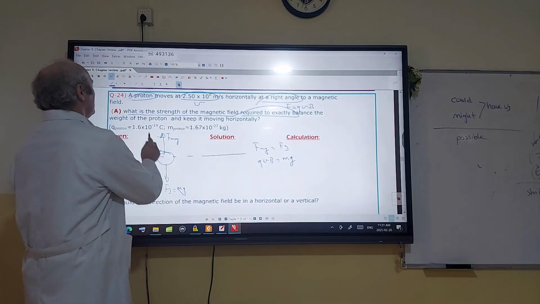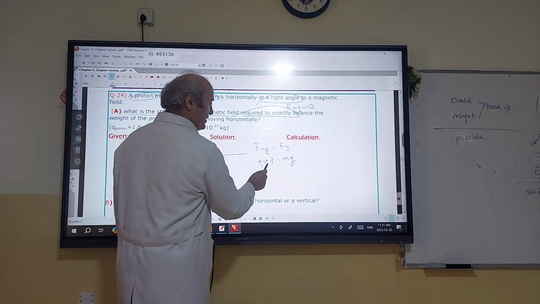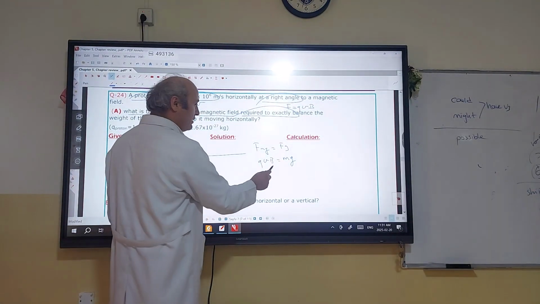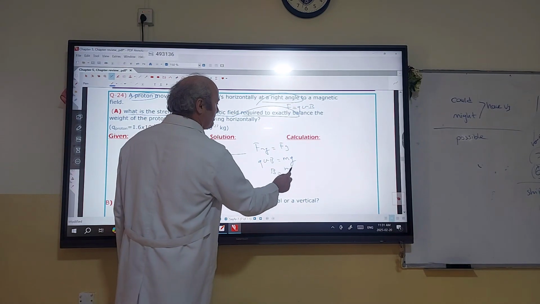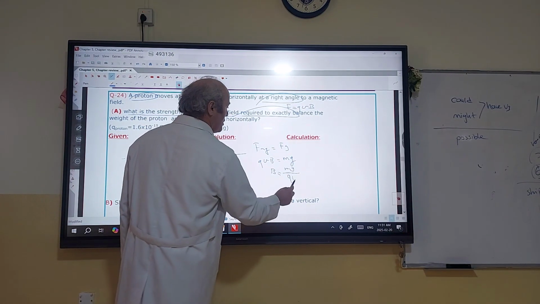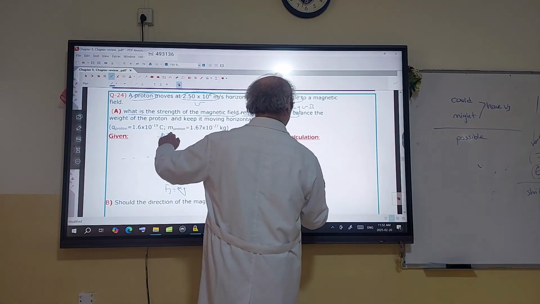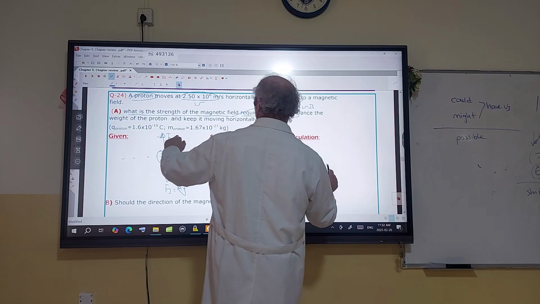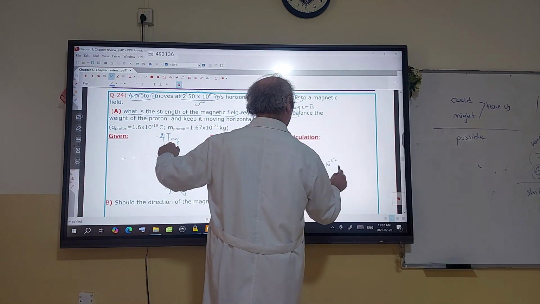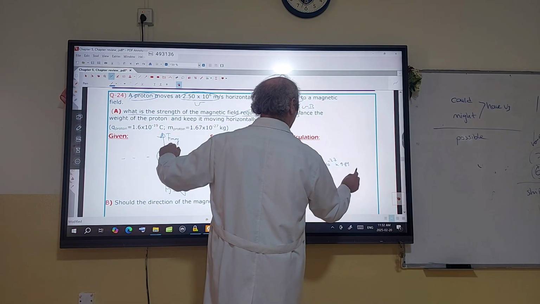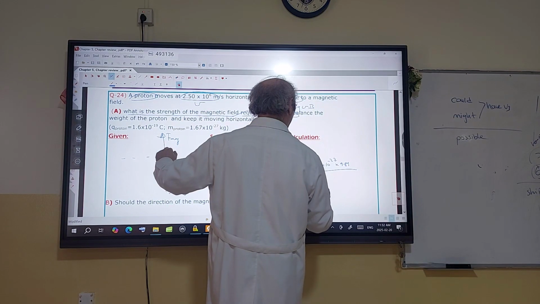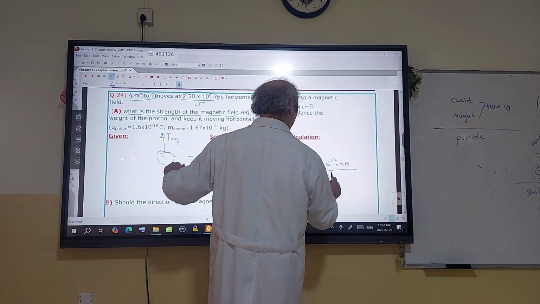What is the question? Strength of the magnetic field. B is the question again. Divide both sides by QV. B is equal to mg divided by QV. M is given in the question, 1.67 times 10 to the power of negative 27. G is 9.81, divided by Q, for proton 1.6 times 10 to the power negative 19.